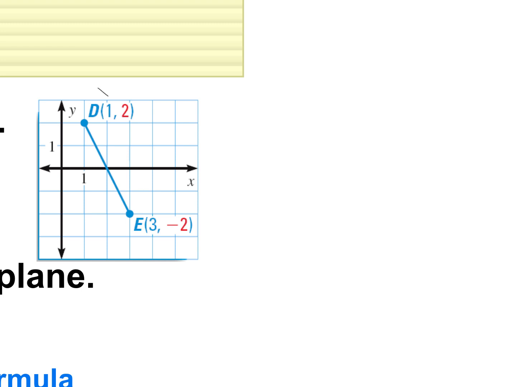So what I'm going to do is label these coordinates. Coordinates are labeled as x and y. So I'm going to label D as x1, y1. What am I going to label E? x2, y2. So now I'm going to follow that formula that I put up on the board for you. Distance equals the square root. What's my x2? 3.